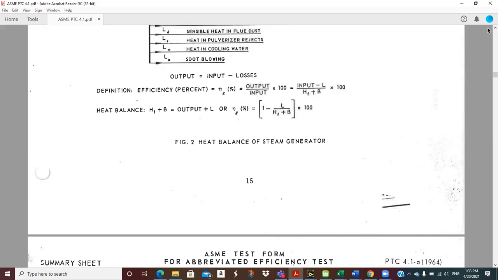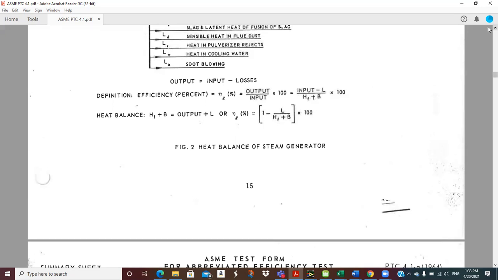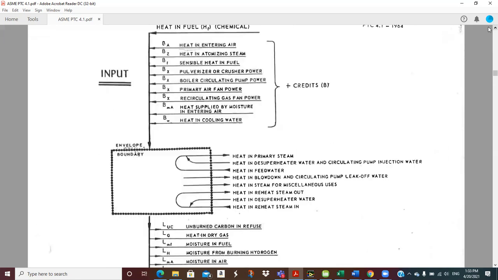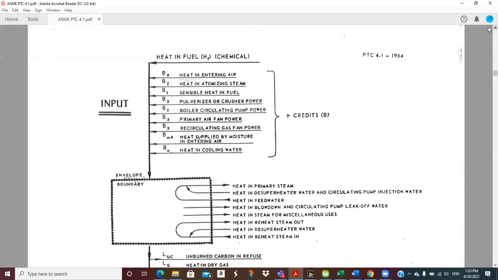So basically, we're just talking about the efficiency of the steam generating unit, but it's kind of interesting to see how they break all this stuff down to make these measurements. They took a big boiler steam generator, and the equations are here to evaluate all of this stuff with explanations.